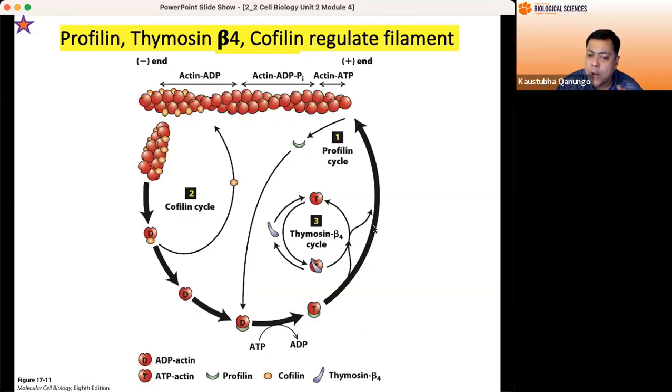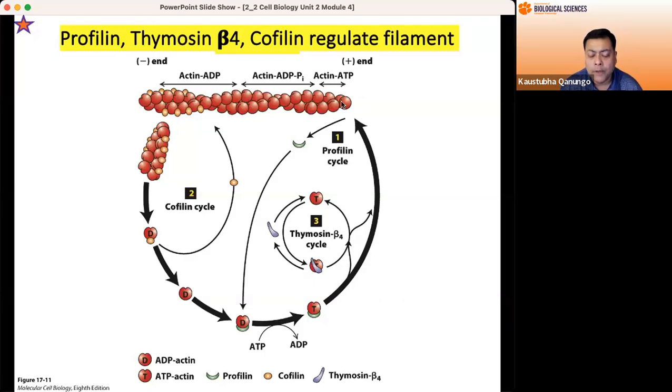So what happens is that when the cell decides that I do not need to add ATP actin and I do not need growth in a very rapid manner, thymosin beta 4 will bind to the ATP actin. And at that time, the ATP-bound globular actin with the thymosin beta 4 is not available to be added.